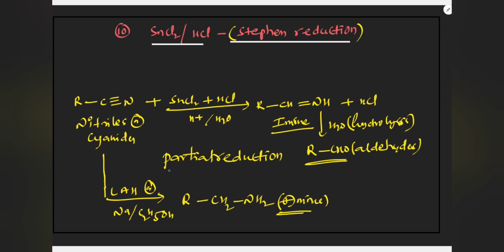Imine hydrolysis gives aldehyde. It is a partial reduction. If alkyl cyanides or nitriles are treated with lithium aluminum hydride or sodium in ethanol, they give amines.